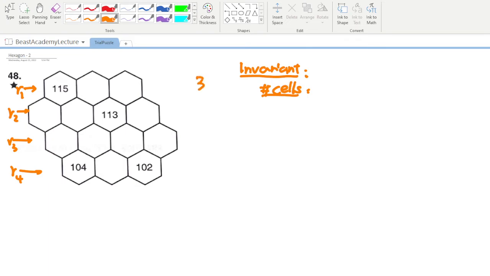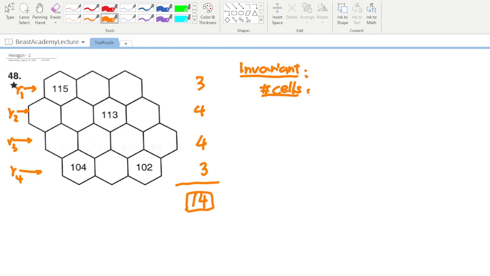How many cells in R2? 4. How many cells in R3? 4. How many cells in the last row? 3. How many in total? 14. Who can add them together? 14. This 14 means I need to have 14 numbers here, right?